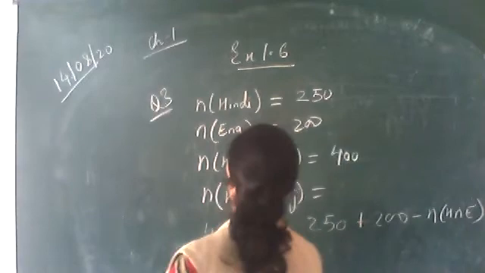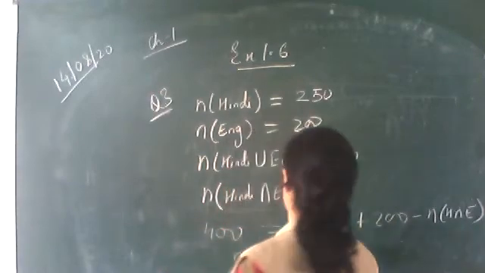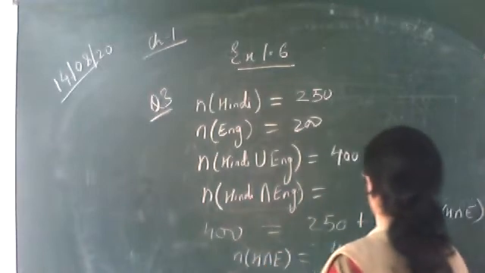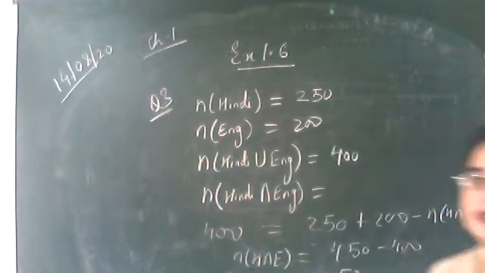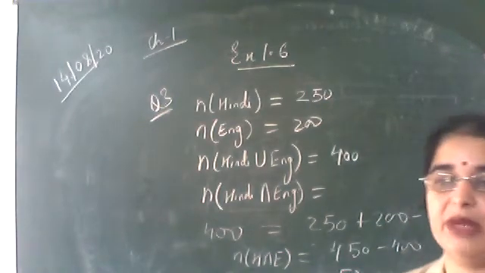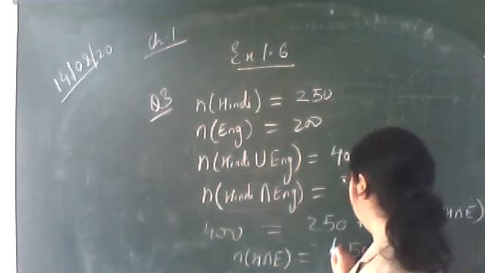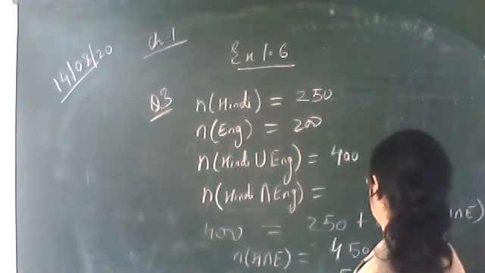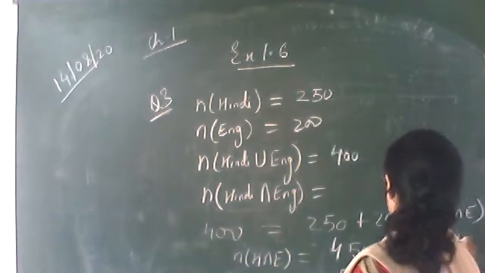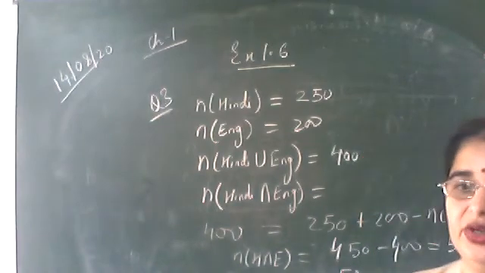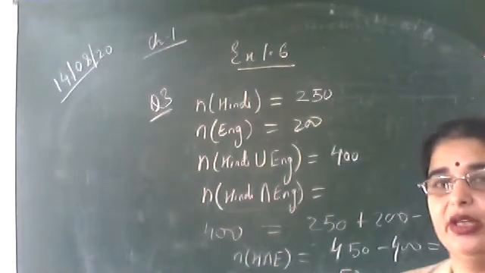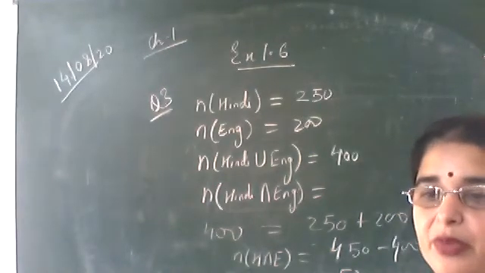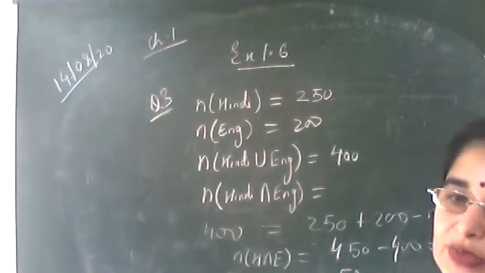So n(H intersection E) will be equal to 450 minus 400, that is equal to 50. Is it clear? So the number of people who can speak Hindi as well as English are 50 people.